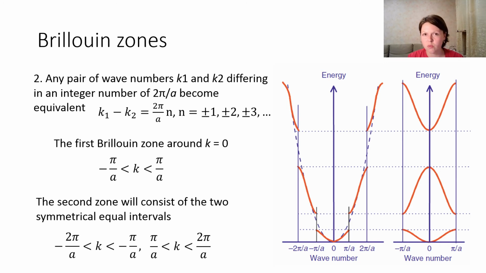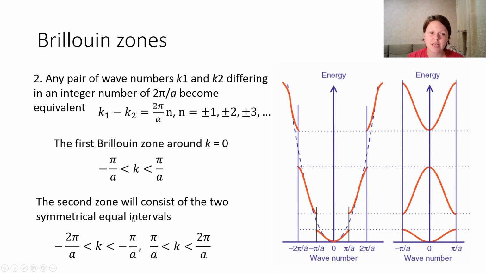Also, we know that these wave functions, these energy branches, can also be copied to the next values of the wave number, like this and to this direction. It means that we can have next Brillouin zones.